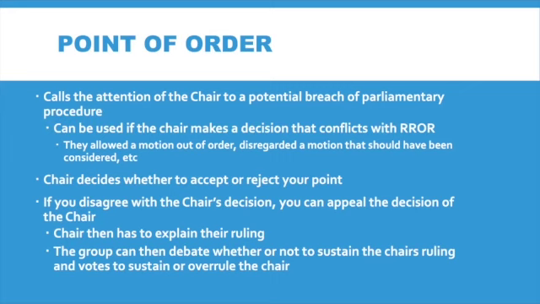They allowed a motion out of order. They disregarded a motion that should have been considered, etc. The chair decides whether to accept or reject your point. If you disagree with the decision, you can appeal the decision of the chair. The chair then has to explain their ruling, and then the group can debate whether or not to sustain the chair's ruling and votes to sustain or overrule the chair.